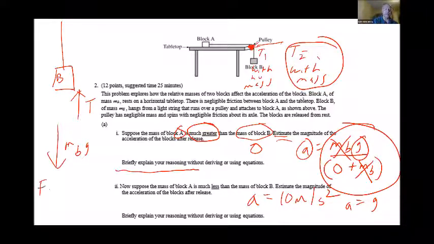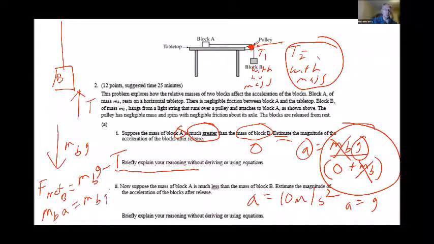So think about it in terms of an equation for a minute. F net on B is equal to M_B g minus tension, which means the mass of B times the acceleration of B.